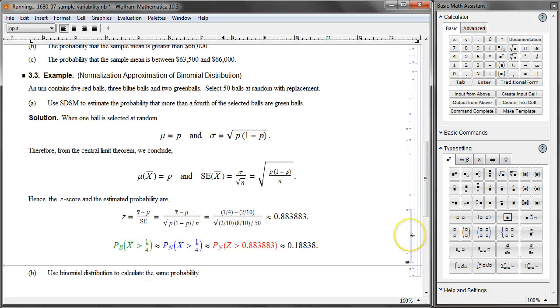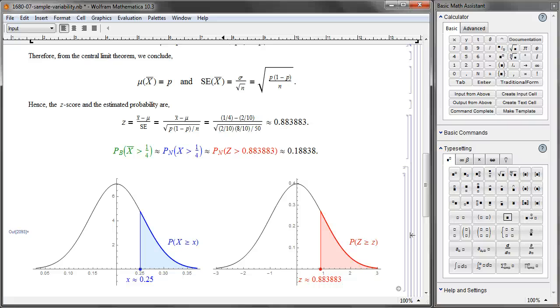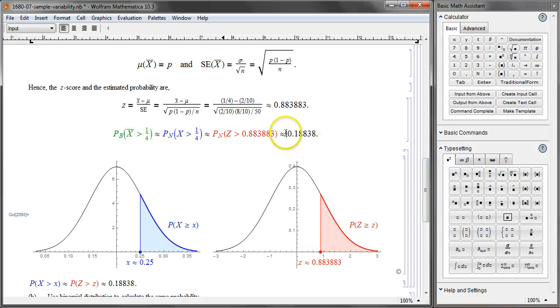Once you get the z-score, then finding out the appropriate picture and looking up the z-table to find the probabilities is not going to be too much of a deal. Once you do that and find the probability, you're going to get 0.1884. At least that's what I got from Mathematica's computation.